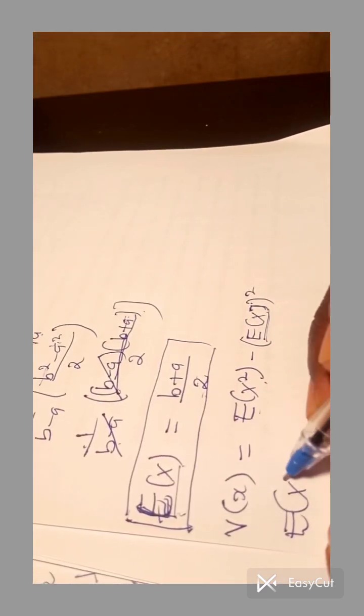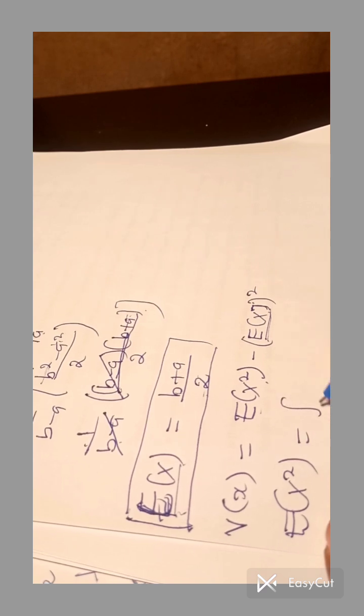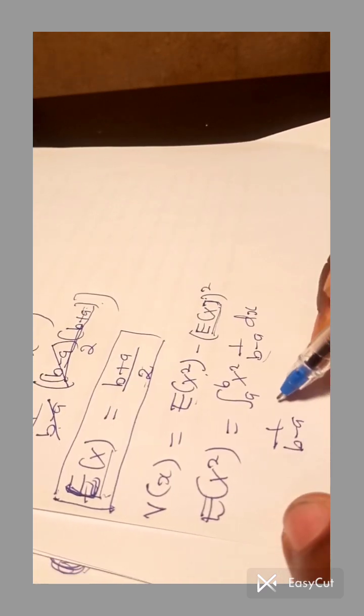So we have expected value of x squared equals integral a to b x squared, and we have 1 over b minus a dx. And so this again being constant, we take it to the front of the integral sign, and we have 1 over b minus a, and we see how the integral sign a to b x squared dx. And so if we continue, what are we going to get?